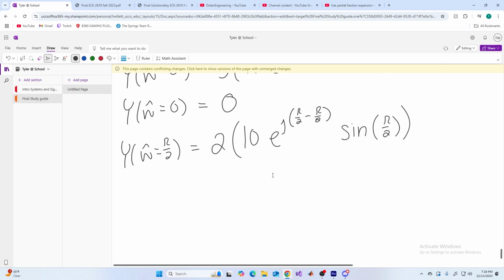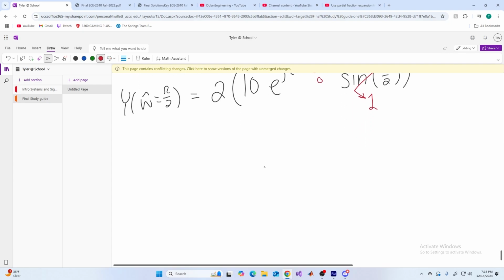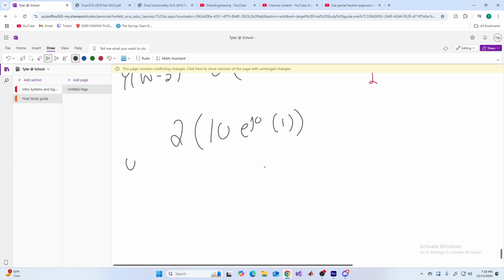Well, the sine of pi over 2 is 1. This is just going to equal 0. So I'm going to have 2 times 10 e to the j 0 times 1. So y sub w hat at pi over 2 just equals 20.